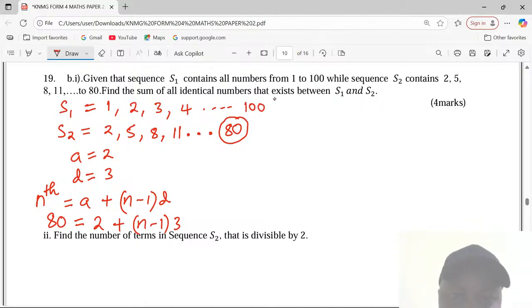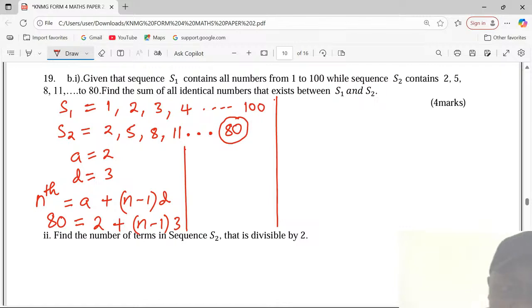Let's get the position of 80. We subtract 2 to get 78 from 80, equals 3n minus 3. Adding 3 gives us 81, equals 3n. So the value of n equals 27.